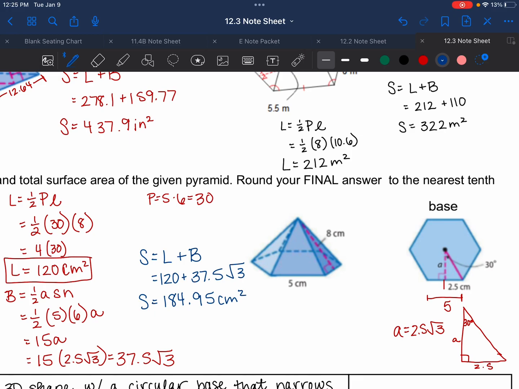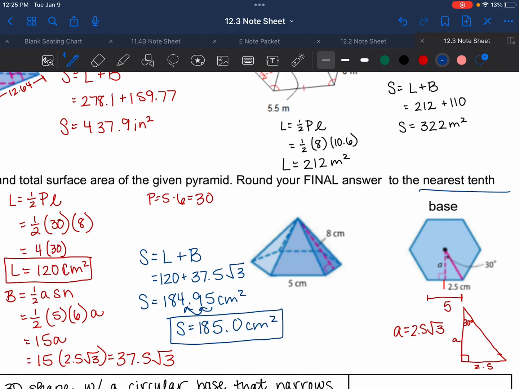Now it says to round to the nearest tenth. So to the nearest tenth, the 5 makes the 9 round up, which it can't, so then the 4 needs to round up. So the surface area to the nearest tenth is 185.0 centimeters squared.